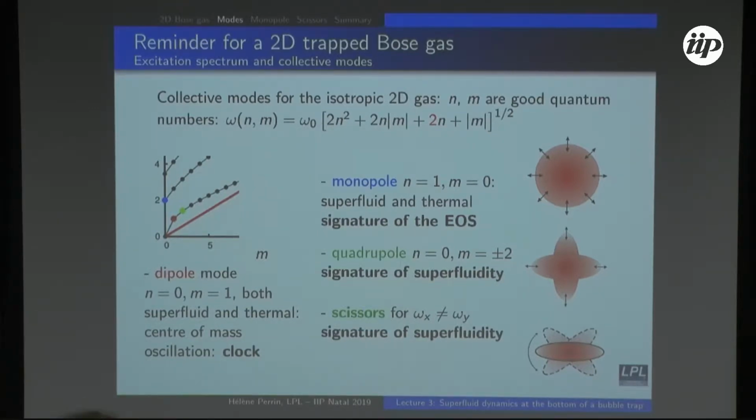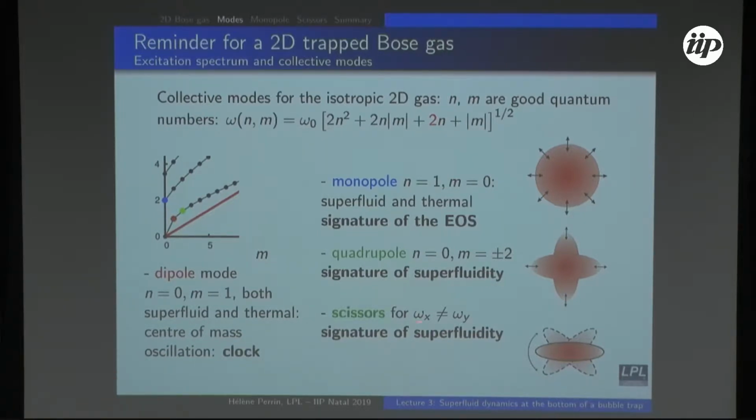So these are the two independent modes with the same frequency. If we are in a rotating frame, rotating at some frequency, it's not true anymore that these m plus and minus are degenerate, and this can be used to measure the rotation frequency.